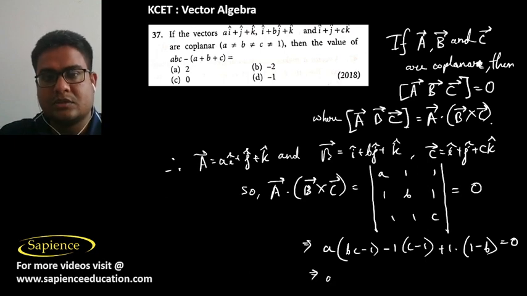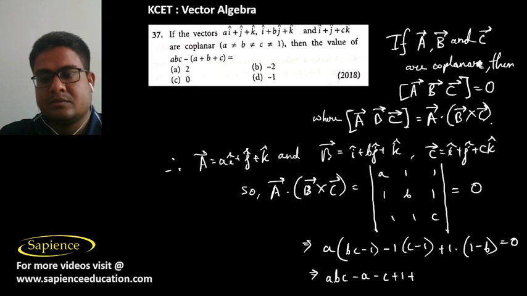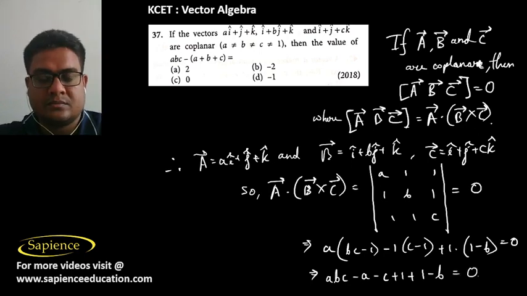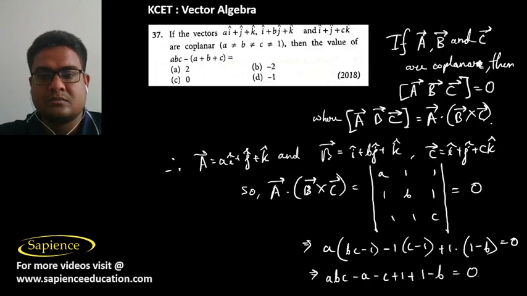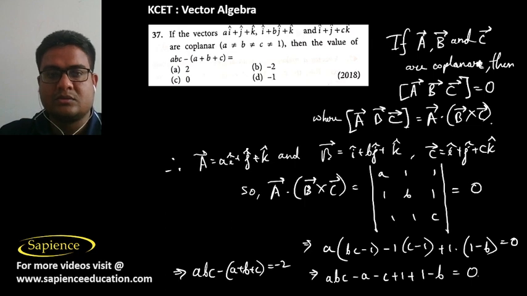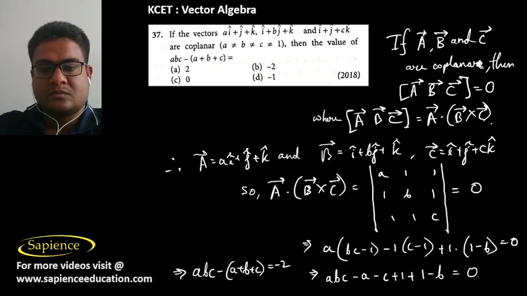So I can say abc minus a minus c plus 1 plus 1 minus b is equal to 0. So abc minus (a plus b plus c) is equal to minus 2. So option B is the correct answer.